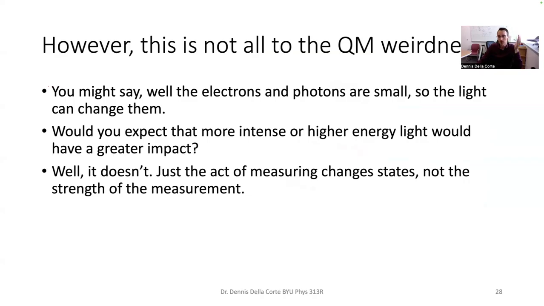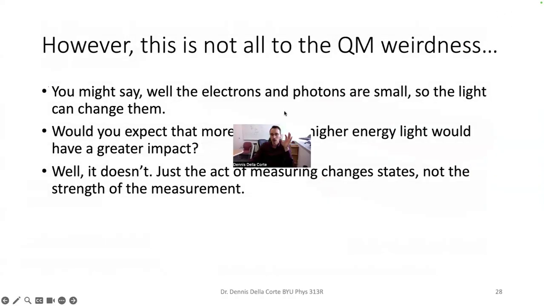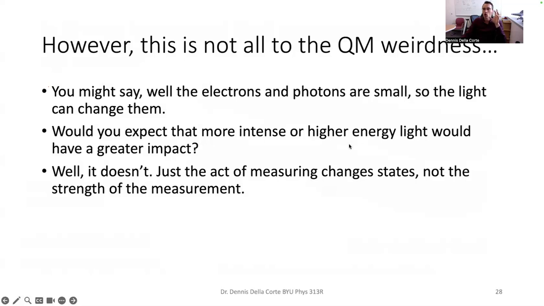People have tried this experiment in different forms, and they found out that the change of state to the electrons, to the spins, has nothing to do with the intensity of the measurement. So you would assume that if you have a very strong magnetic field, you would shift the orientation more around than using a weaker one.